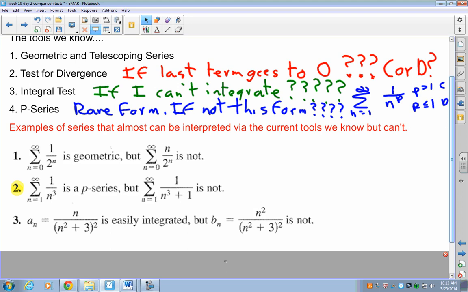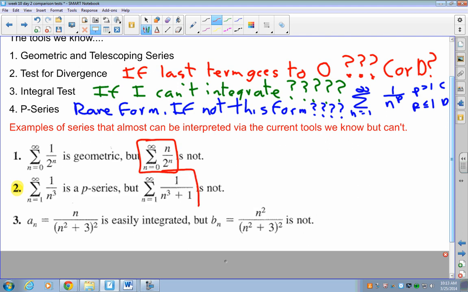This one here, you can't do because it's not the p-series, and I don't know how to integrate it. Who's more powerful, an n or a 2 to the n? 2 to the n. So that goes to 0, so it doesn't blow up. I don't know what to do with that one.